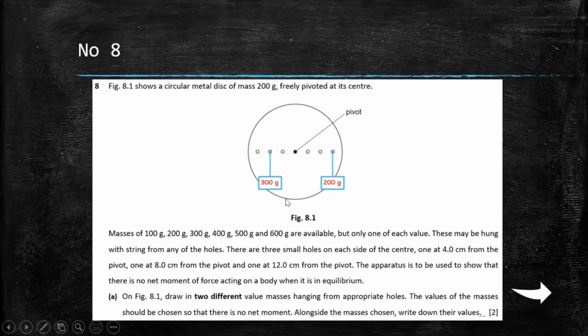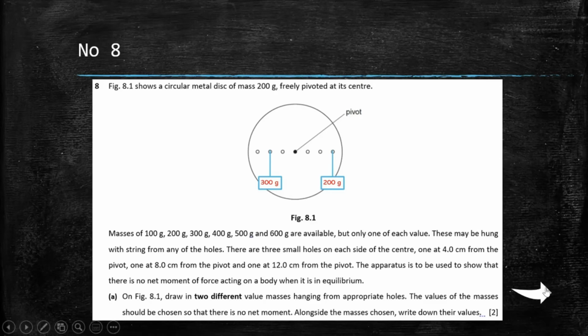The distance of the 300 gram mass from the pivot is 8 centimeter, which will become 0.08 meter, while the distance of the 200 gram mass from the pivot is 12 centimeter, which will become 0.12 meter. Remember, just divide the number in centimeter by 100 to convert it into meter.